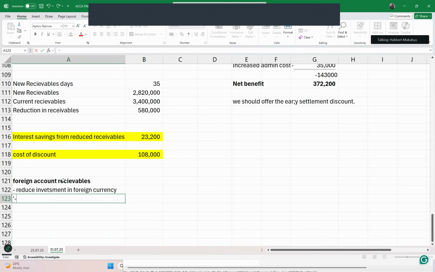The other thing is that if you're going to sell to someone who's not in Uganda, you should have a letter of credit.